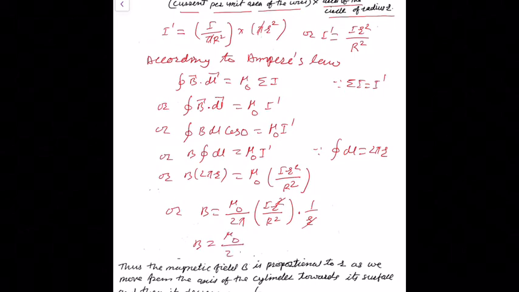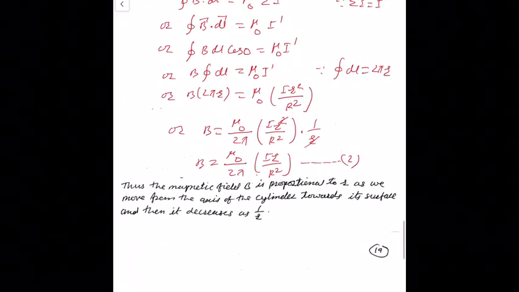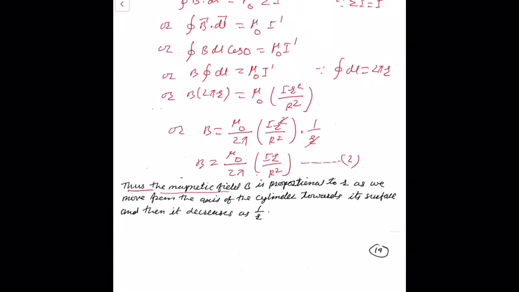So, B is equal to mu naught upon 2 pi, I r upon R square. That is equation third.